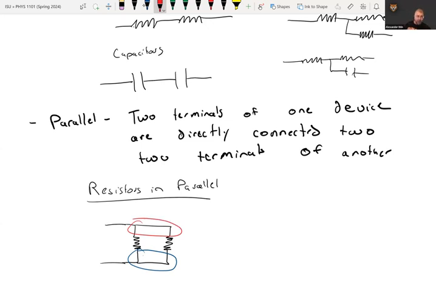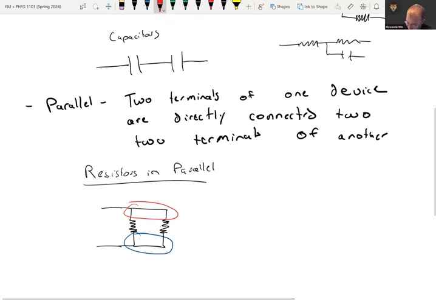They're connected by a wire, by a conductor. That basically means that they're on the same potential. Okay. And that's one of the rules of circuit analysis that we'll get to in just a second. But basically that's what's going on. Okay. So that's resistors in parallel.